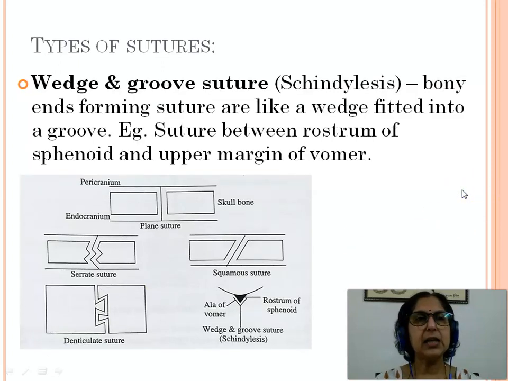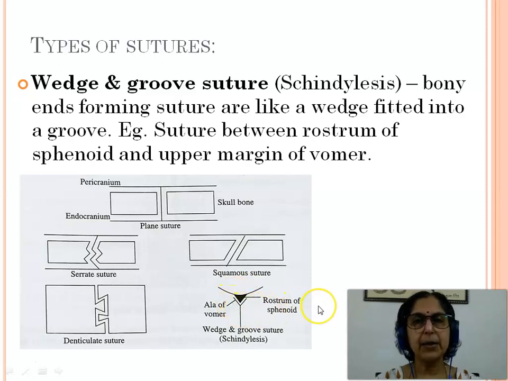Lastly, we see the wedge and groove suture, which is also called syndesmosis. Herein, the bony ends forming the suture are like a wedge fitted into a groove. So what is seen here? This is the groove and above that is a wedge-shaped bony process which forms the joint.